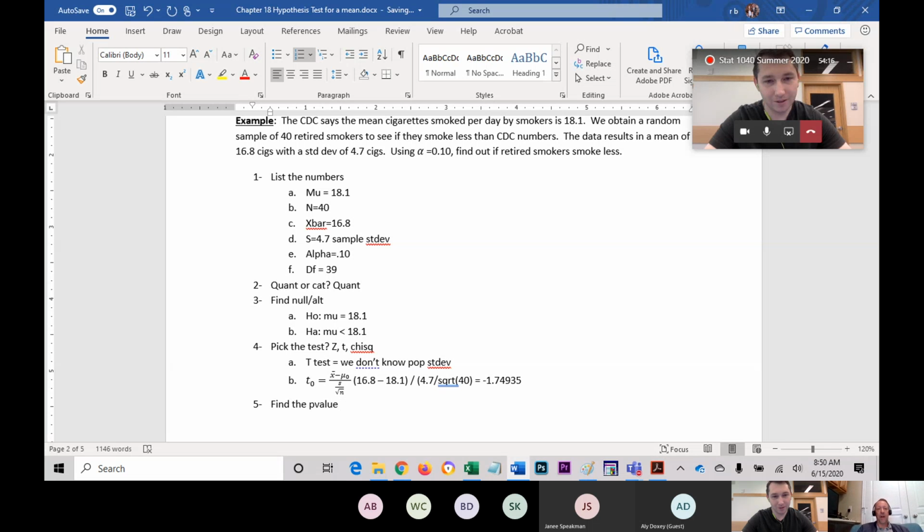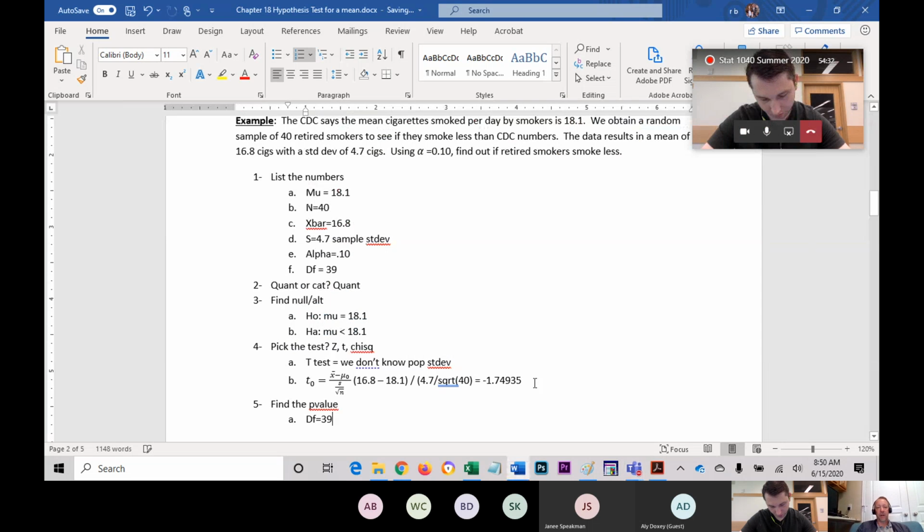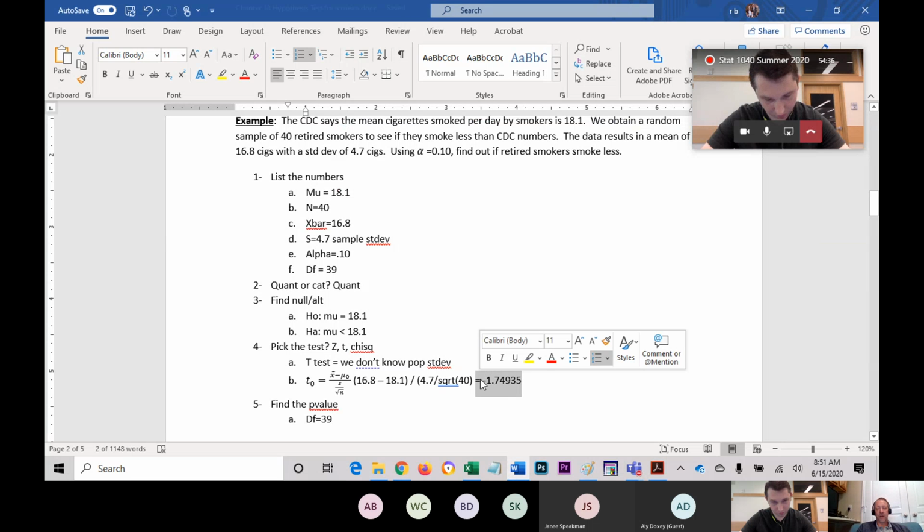Now, we've never done that on a t-test, so I'm going to help you guys do this. In order to find the p-value, it's based on your degrees of freedom. Your degrees of freedom equals 39. So I've got 39 degrees of freedom, and I've got a t-score of negative 1.74935. Now, I probably should have mentioned this a little bit sooner.